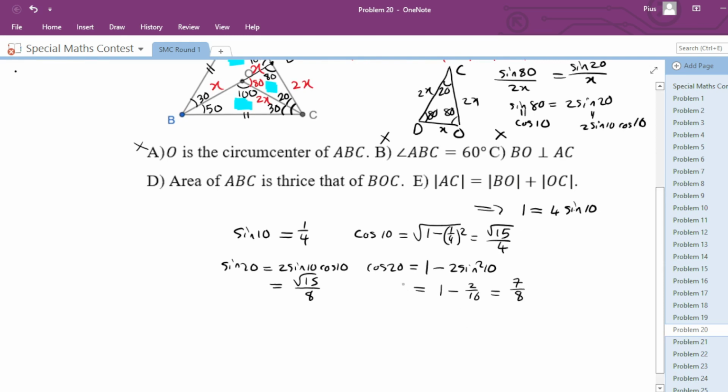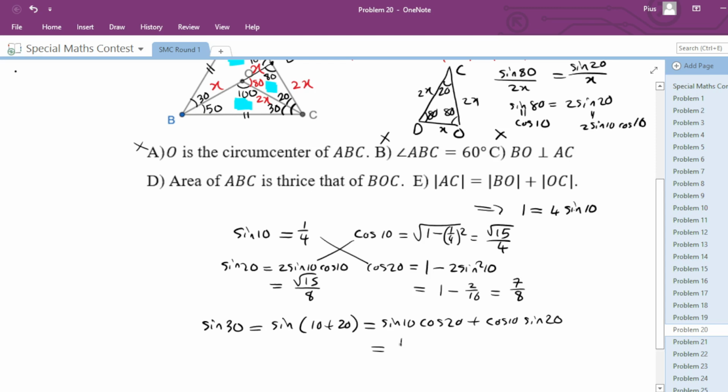Now that we have this, we can talk about our familiar sine 30, which can be written as sine of 10 plus 20. So this is sine 10 cos 20 plus cos 10 sine 20. We multiply them like this and add it up.